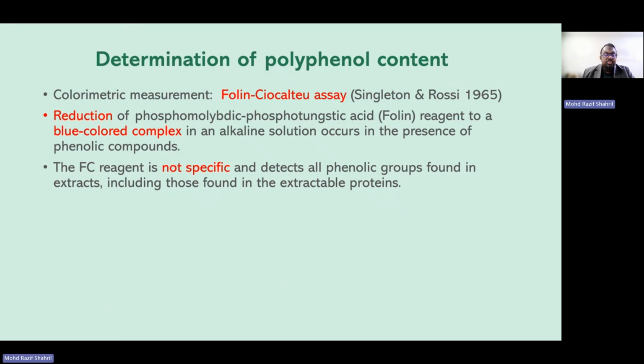This assay relies on the reduction of the phosphomolybdic-phosphotungstic acid reagent, the Folin reagent, into a blue-colored complex, and this color change occurs in an alkaline solution in the presence of phenolic compounds.